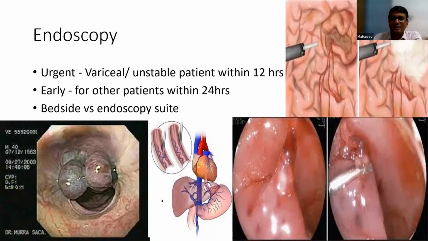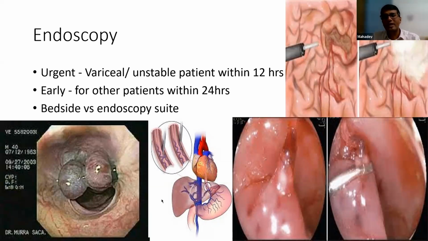If the endoscopist is comfortable, the time needed for achieving hemostasis and the success of endoscopy will be far better than for a patient done at the bedside. So we need to balance this out. If the patient is very unstable, we prefer doing it at the bedside. If the patient is a little stable, who can be managed with minimal inotropes or no inotropes, then these patients can be shifted to the endoscopy suite and it can be done there.